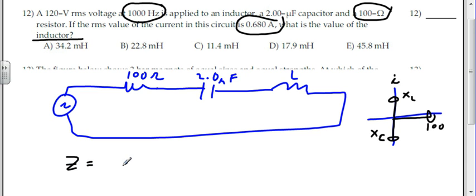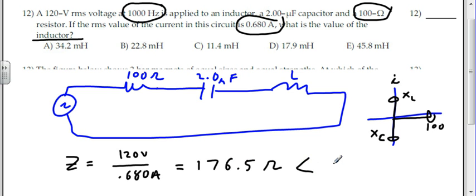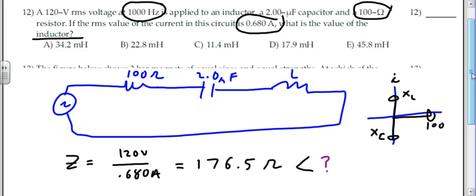Impedance is equal to 120 divided by 0.680 amps, so I've got 176.5 ohms at an angle that I do not know. How inconvenient.